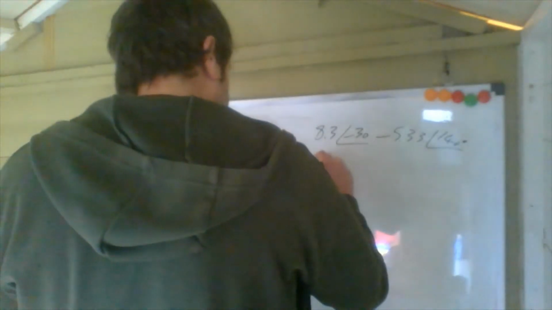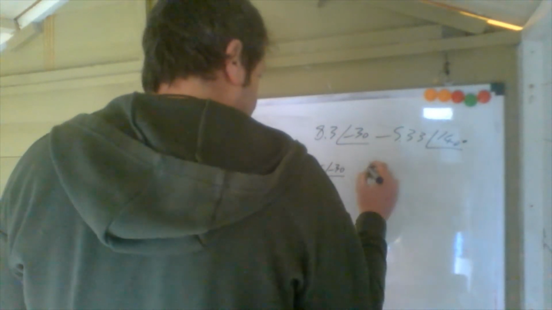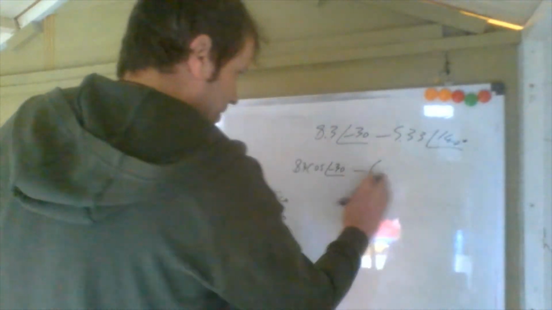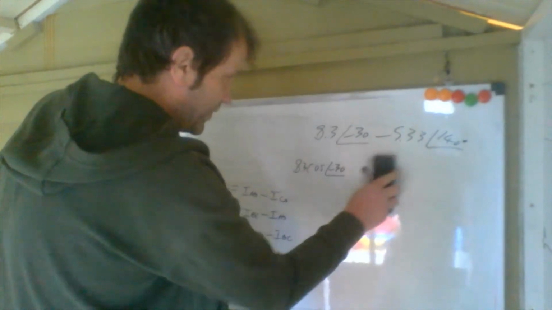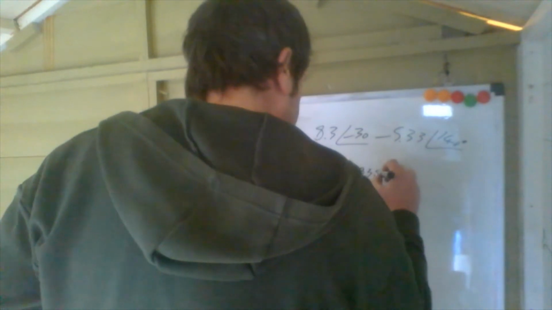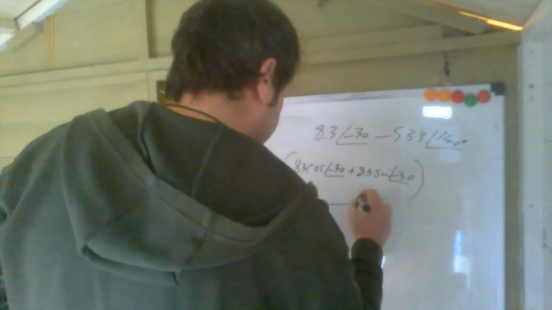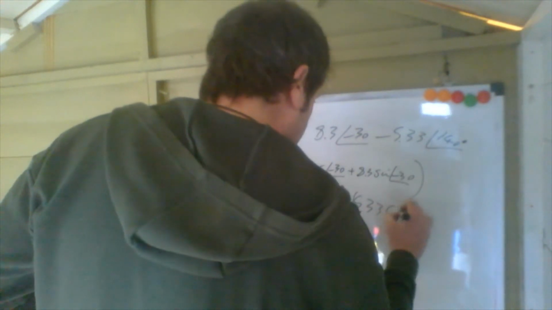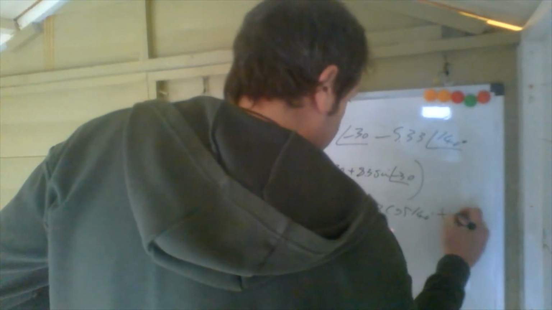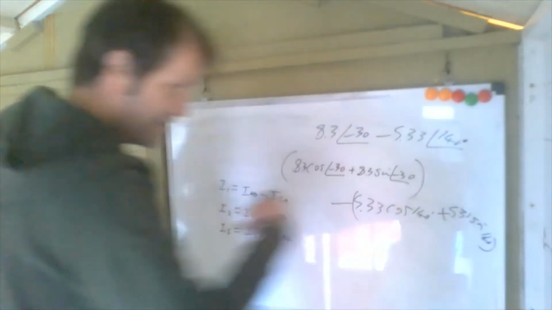So that would be cos 8.3 cos minus 30 plus 8.3 sine minus 30, minus the 5.33 cos 140 plus 5.33 sine 140. Sorry about that.